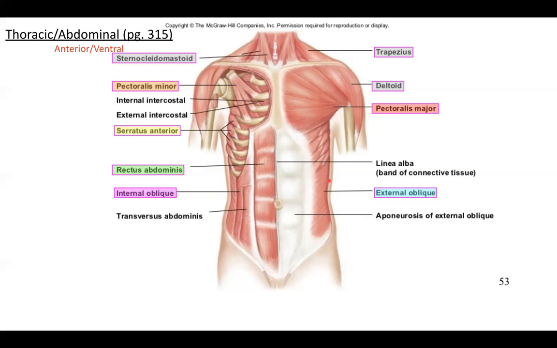So the external are going from lateral to medial downwards, whereas the internal obliques are going the opposite way. So going from lateral to medial, they're going upwards. And then the transversus abdominis are going horizontally. So the important thing here is that the fibers are going in different directions, and that really helps with the stability of the abdominal muscles.